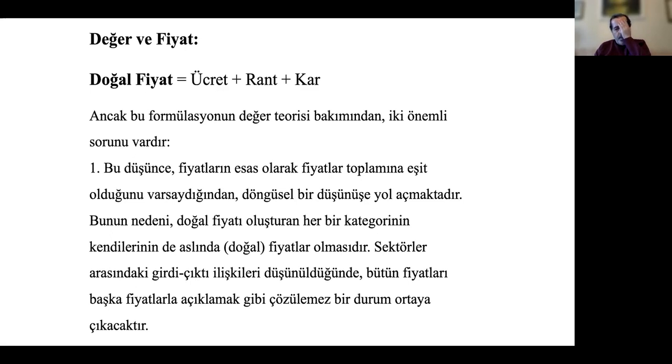But the problem here is that, as I talked about last time, we have an index number problem, which is important to distinguish between general prices and the total prices. What I'm saying is that basically this is quite a simple formulation of the natural price.